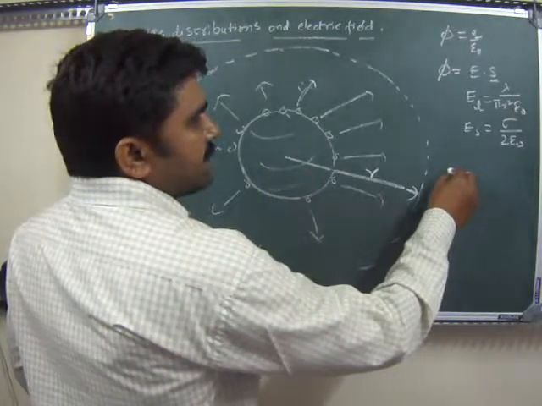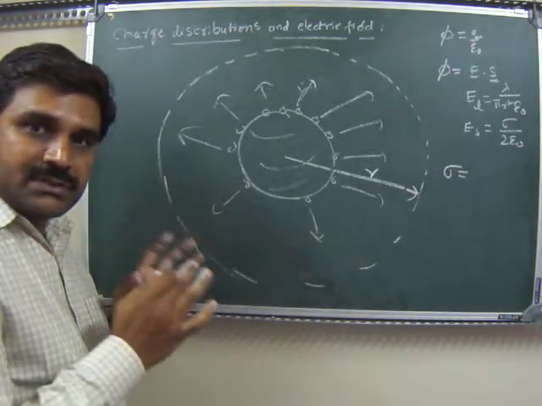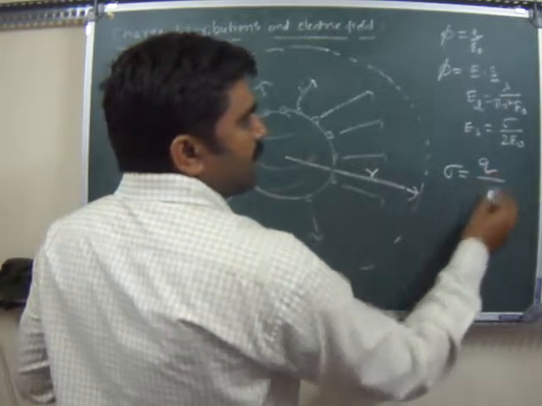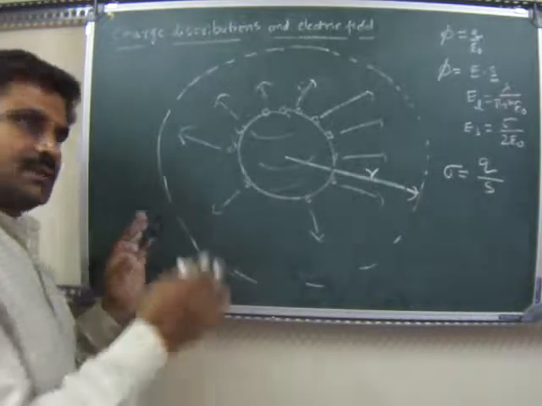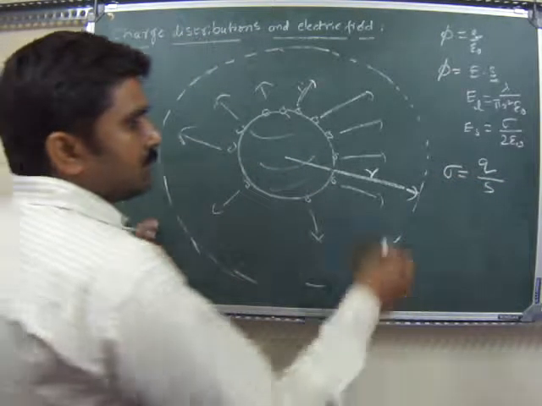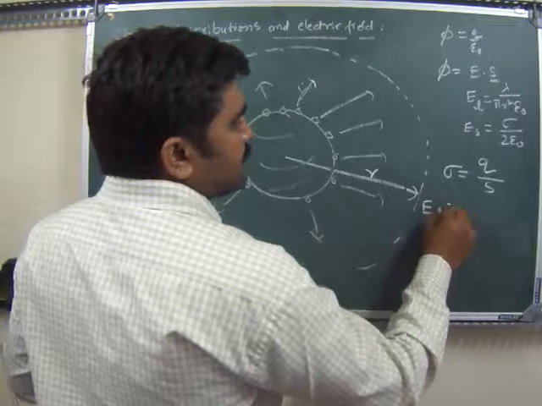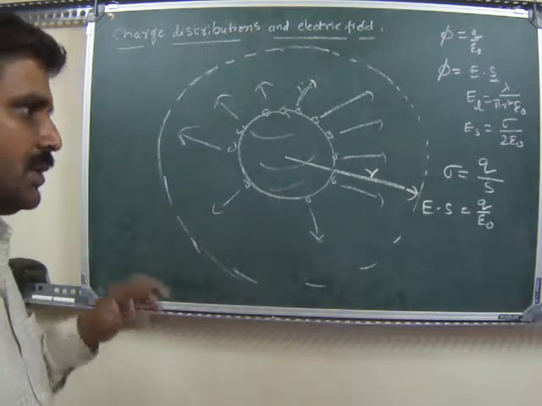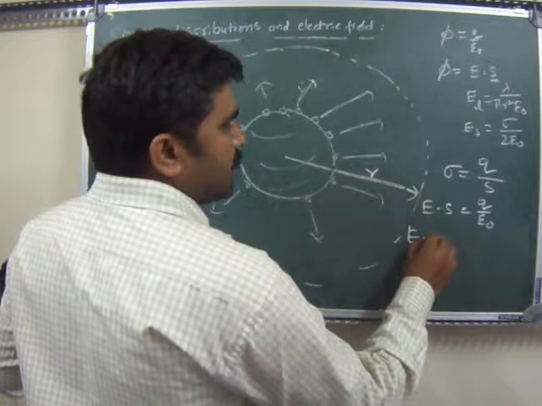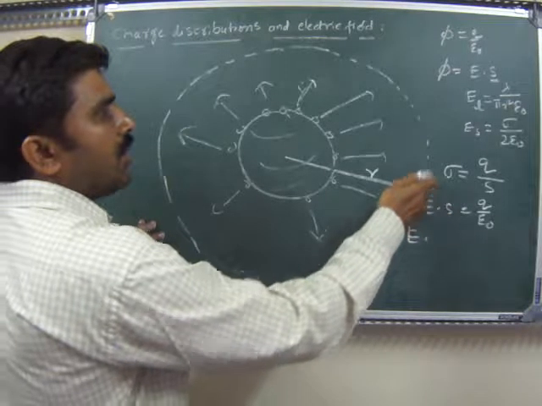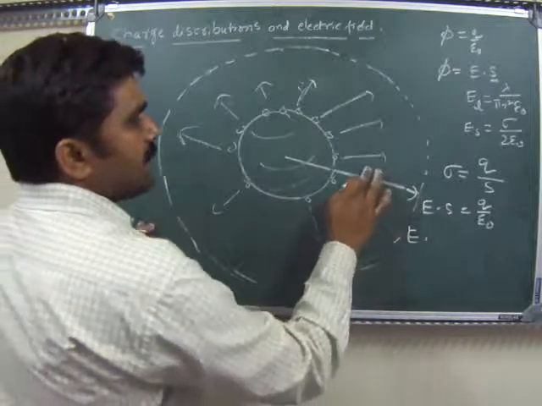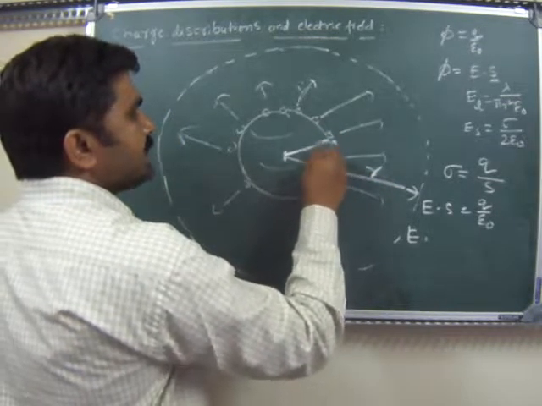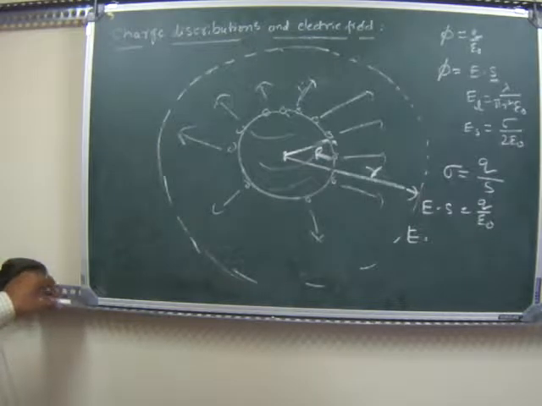Before that, here we are considering only surface charge distribution, so sigma is equal to q by the spherical surface area. E dot S is equal to q by epsilon naught is my formula from the Gauss law. So E into S means the Gaussian surface. This is the Gaussian surface. I am considering r, and I am considering the sphere's radius as capital R. So now come to this.